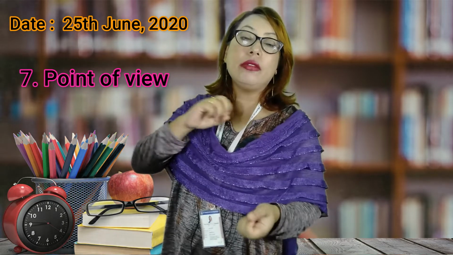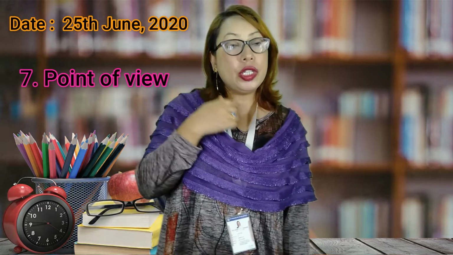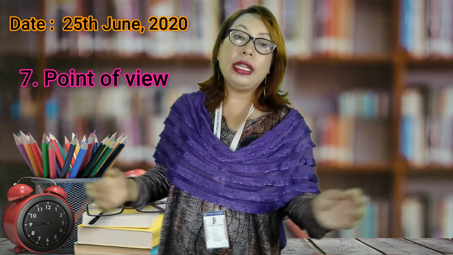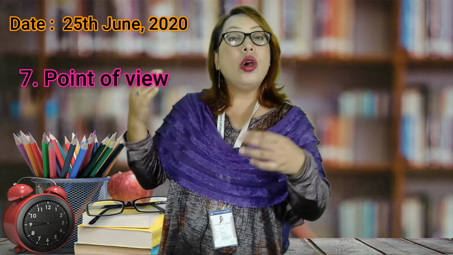And the last point is the point of view of the author. Point of view means how the narrator or the writer is telling the story. Are you writing the story in the first person, mentioning yourself also in the story? In some of the stories you find "I" or "we were going to the forest," where the writer or the narrator is including himself or herself in the story, right?